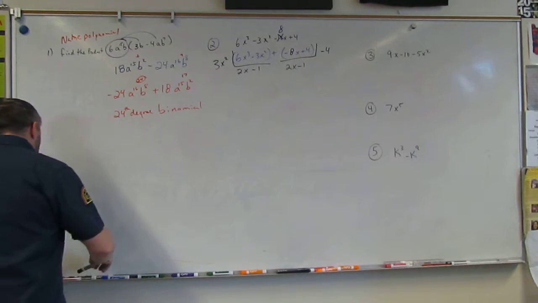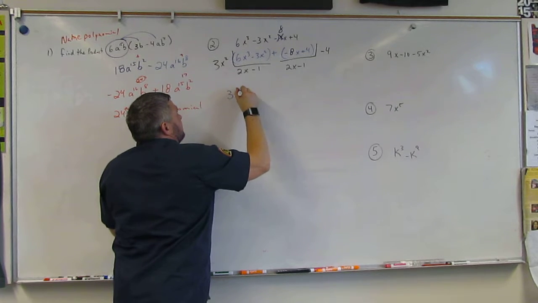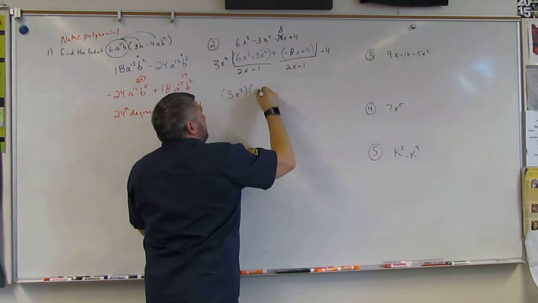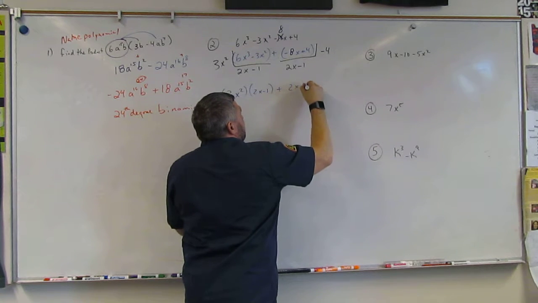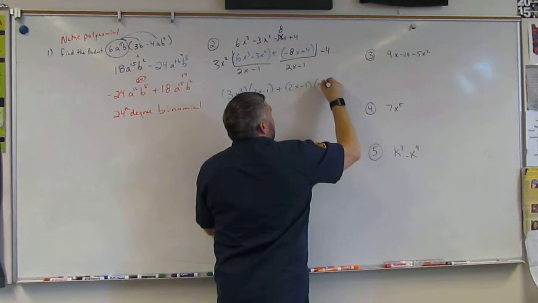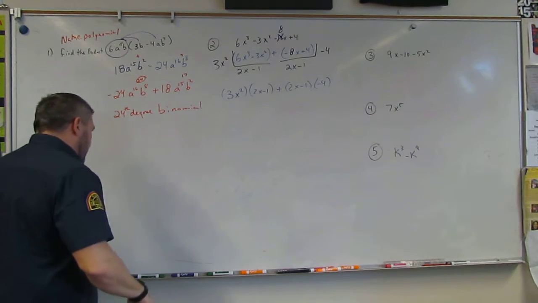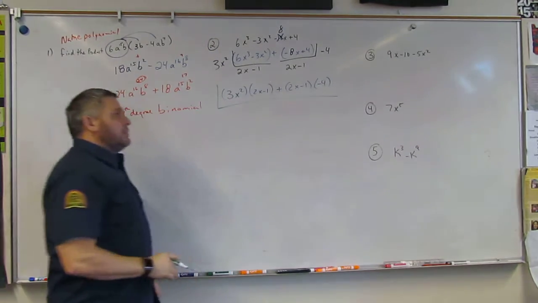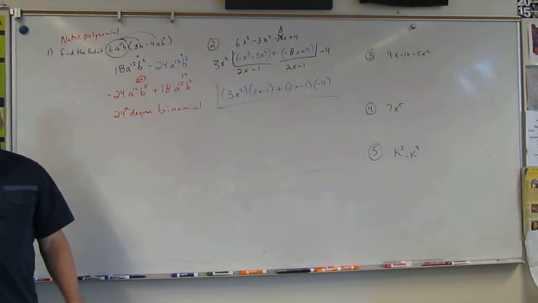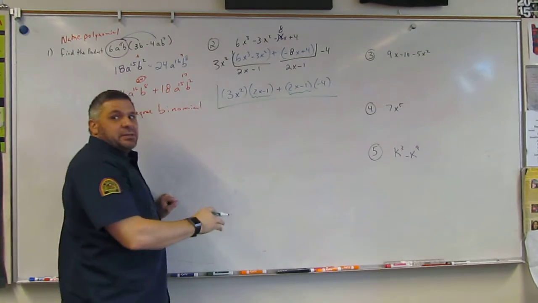Sorry. So, when we rewrite these as 3x squared times 2x minus 1 plus 2x minus 1 times negative 4, okay? We want to pull out whatever is common. So I see that this and this are common, right?